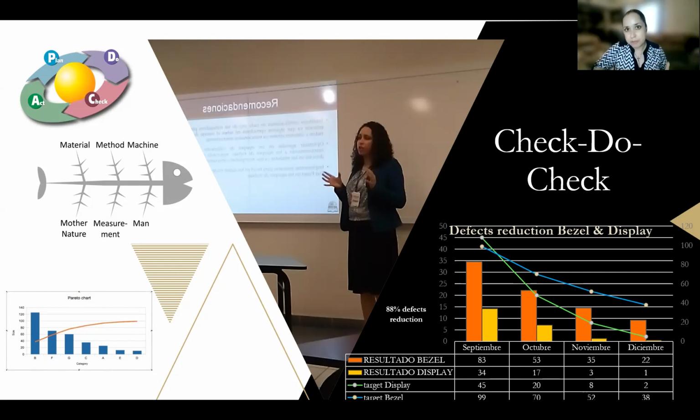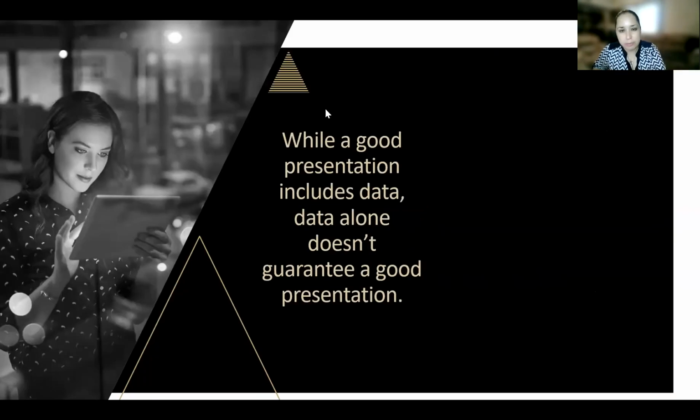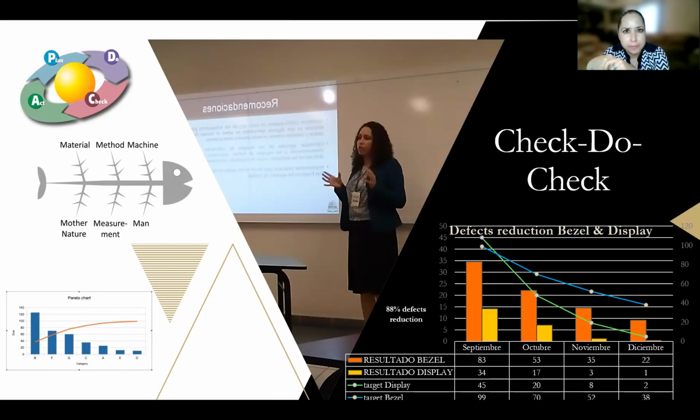We gathered a lot of information from that. We put it in tables, and from that information, we got a lot of things. But we needed to decide on those different things that were causing the defects. And that's when the Pareto diagram came in handy.